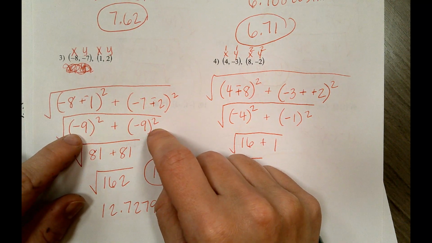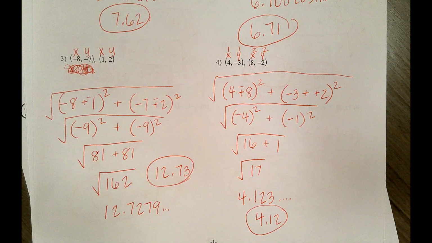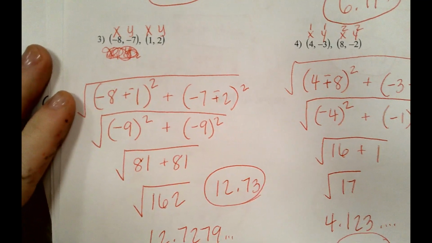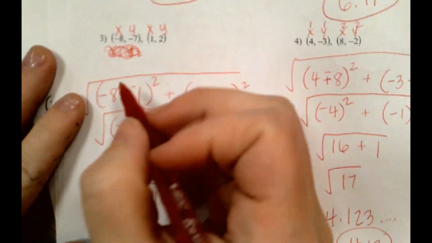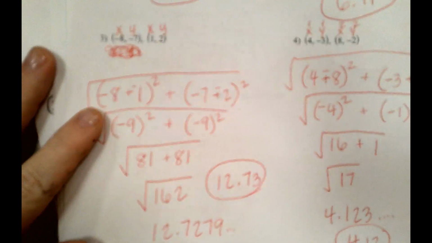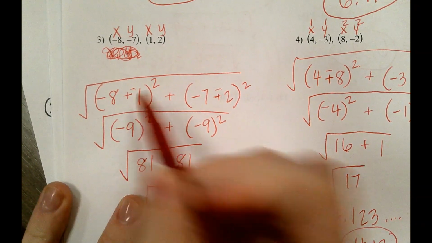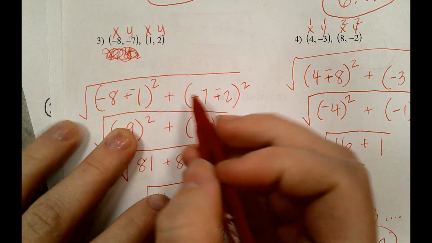Okay, -10 plus -8. So let's see if I did something wrong or if I misplaced a part in our formula. So you need x1, is it minus x2? Yeah, x1 minus x2 squared.